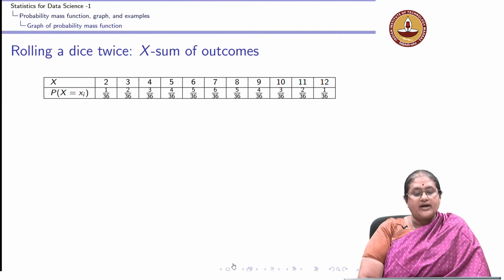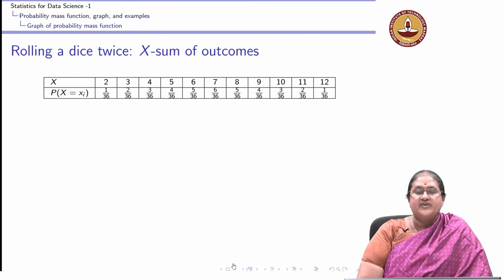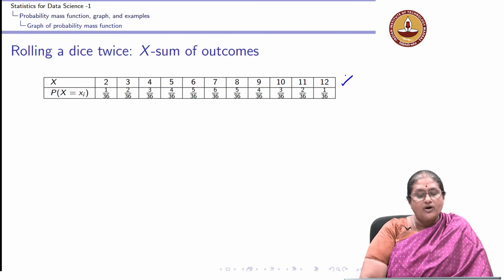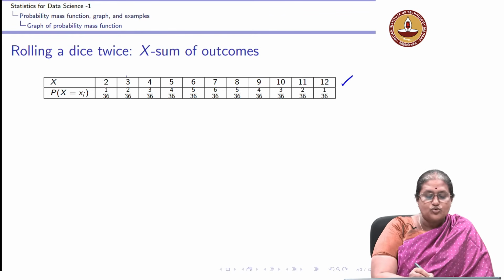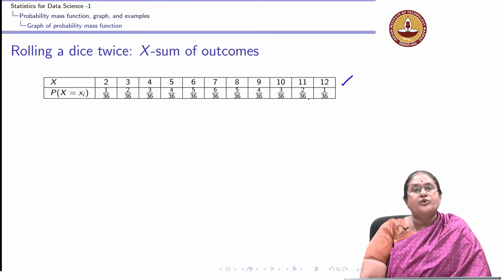Now, let us go back to rolling a dice twice. Again here, what is the random variable? The random variable is the sum of outcomes. We have already seen the tabular form. X takes values 2, 3, 4, 5, 6, 7, 8, 9, 10, 11, 12 with the respective probabilities as shown in the table.